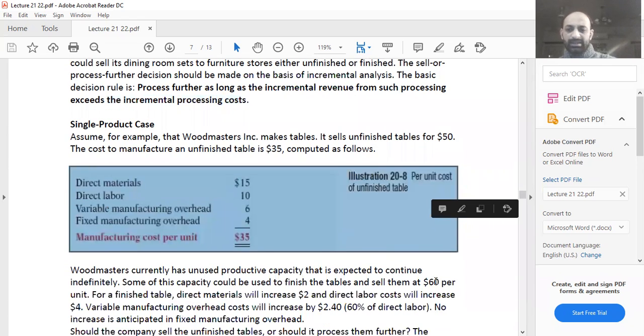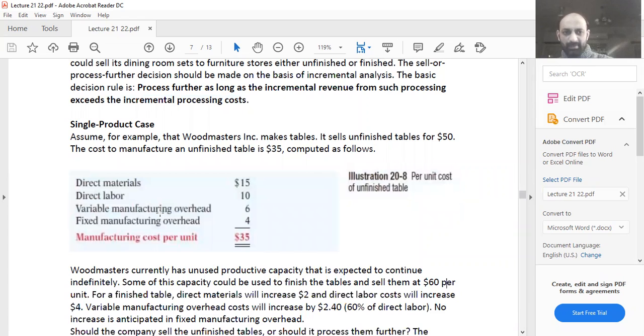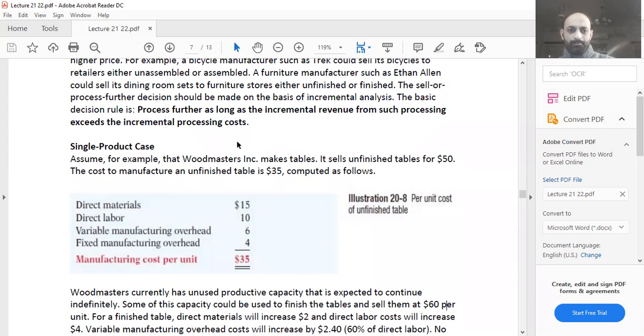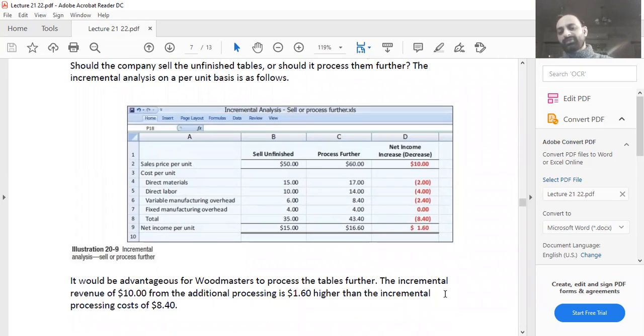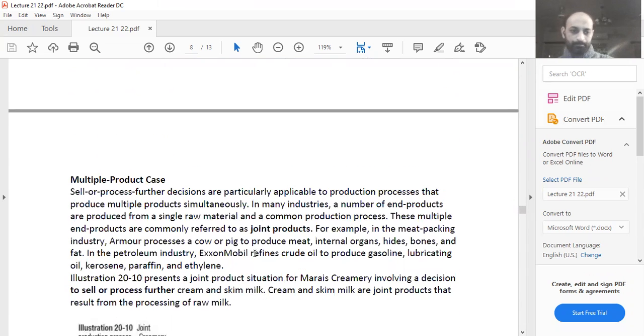So when we look at this example of this unfinished table, the incremental revenue will be $10, but the incremental cost will be $8.40. So as long as the incremental revenue exceeds the incremental cost, you should process further and then sell.